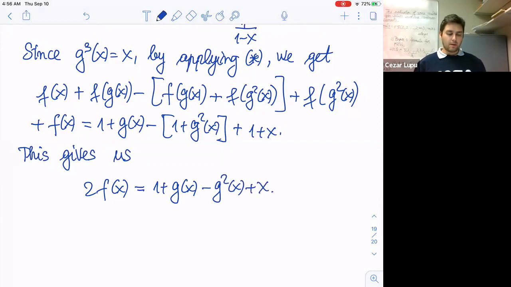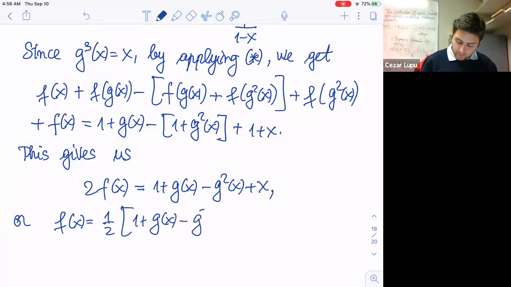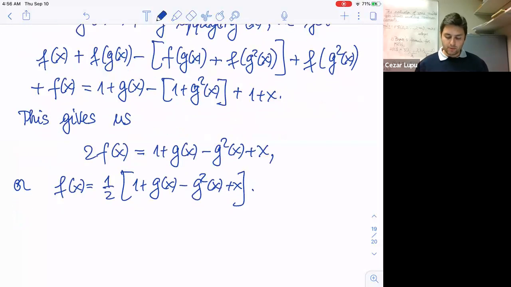And now it's quite clear that f of x is nothing else than 1/2 times everything: 1 plus g of x minus g squared of x plus x. And now we know who g of x and g squared of x are, and I'll leave it to you as an exercise to finish this off. And that's it. That's the problem.